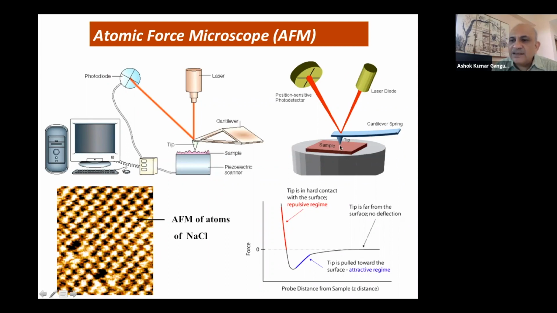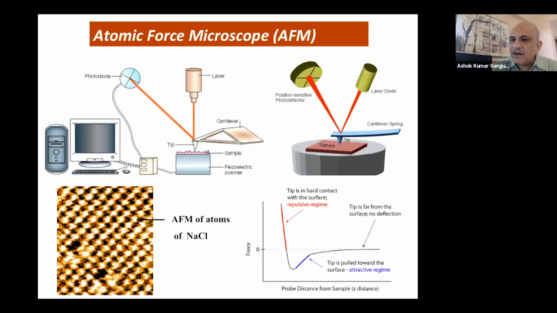So you can imagine how small the force is, how small the movement of the cantilever will be, and how powerful the detector should be to detect that small change in the position of the cantilever. The force here is in piconewtons, 10 to the power minus 12 newtons. So the cantilever tip will move very, very little.